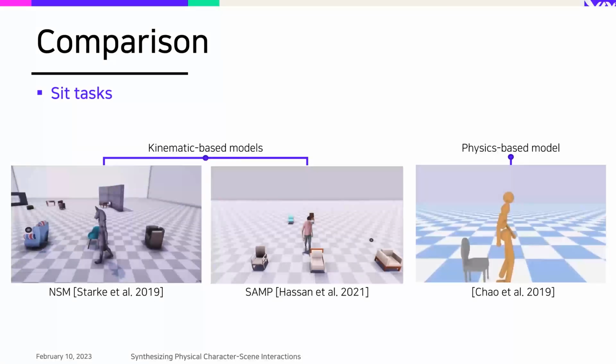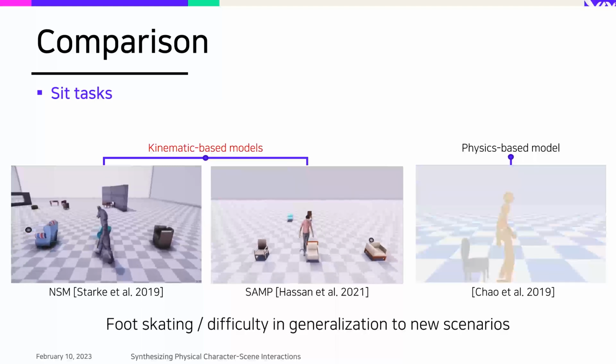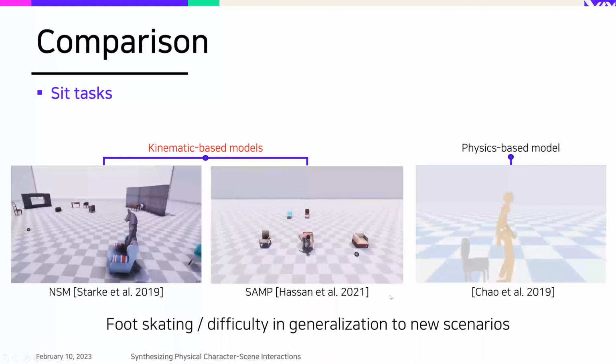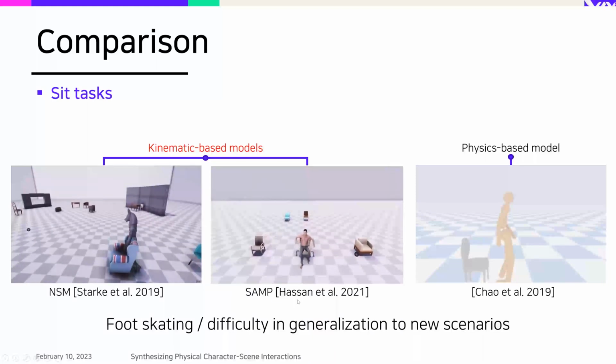And finally, they compared their method for sitting tasks with 3 different models, 2 kinematic and 1 physics-based. The 2 kinematic models tend to produce non-physical behaviors such as foot skating and object penetration. Furthermore, since human demonstrations are learned without interaction with the environment, these models can struggle to generalize to new scenarios.